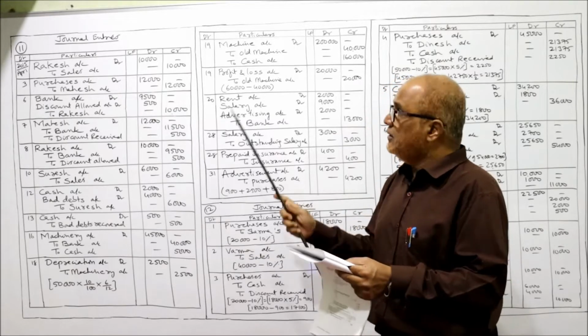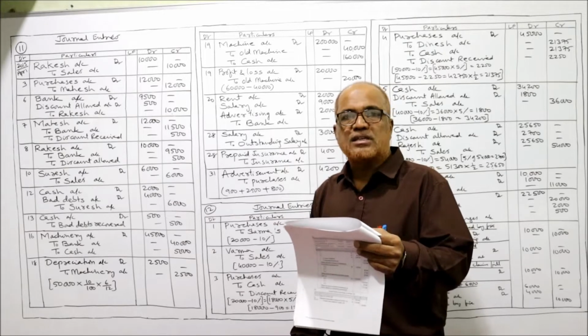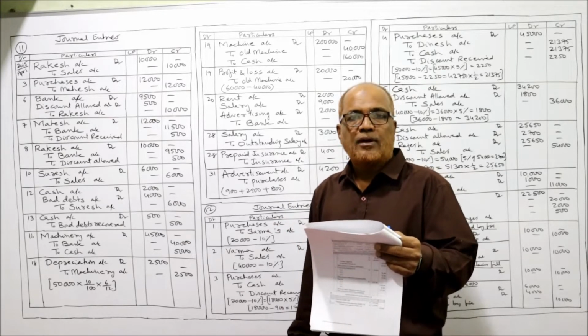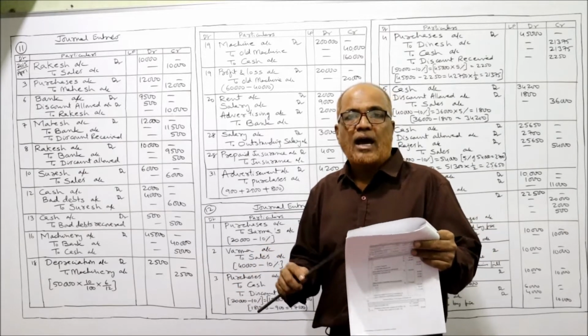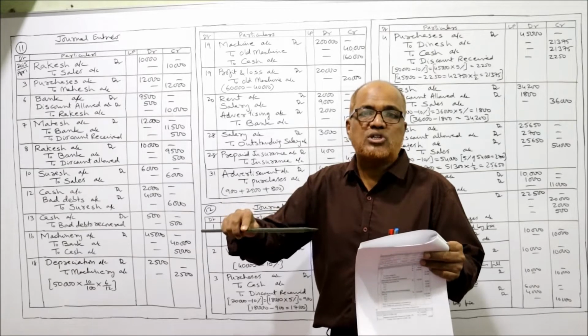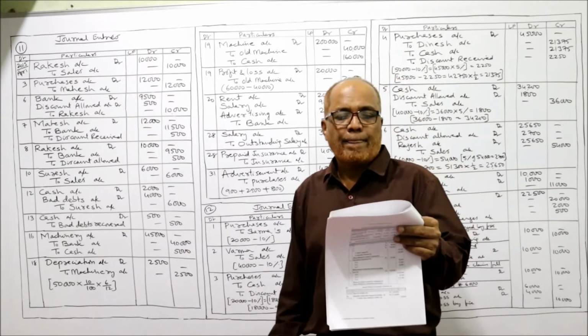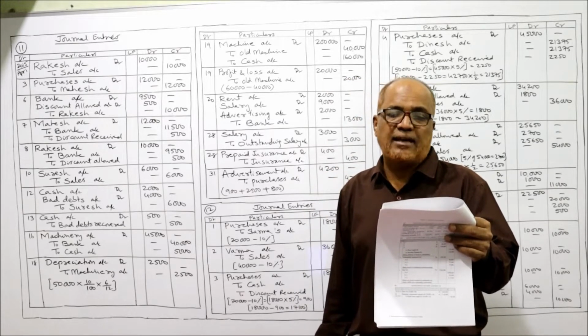Next, 19. An old machine with a book value of 60,000 is exchanged for a new machine of 2 lakh. So presently we have an old machine whose book value is 60,000 and we are exchanging this old machine with a new machine. The cost of the new machine is 2 lakh rupees. The old machine is valued at 40,000 for the exchange purpose by the selling company.